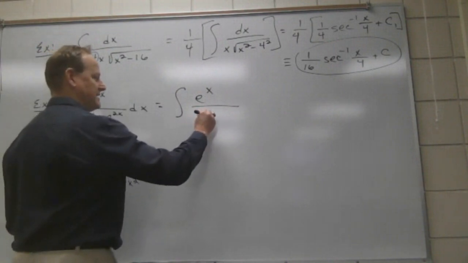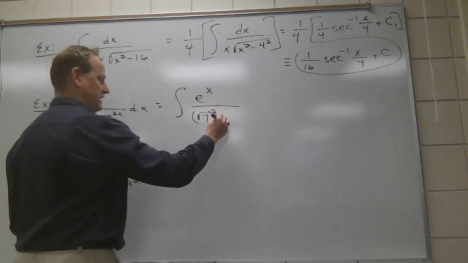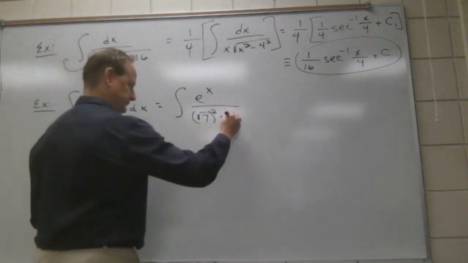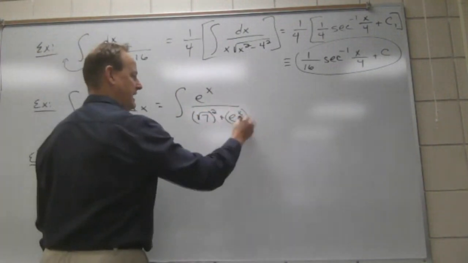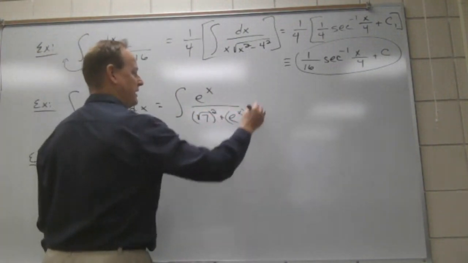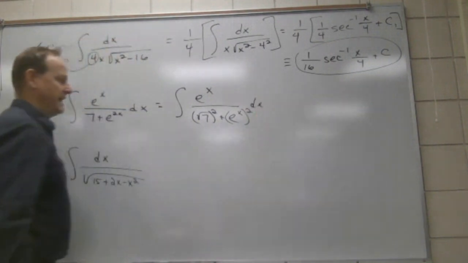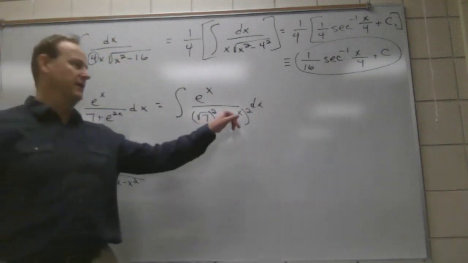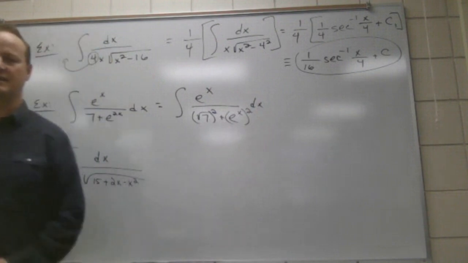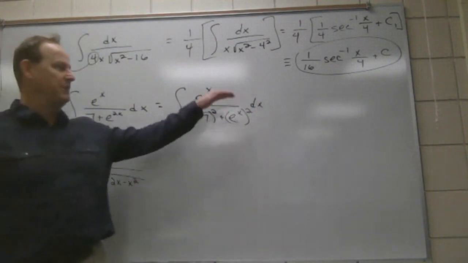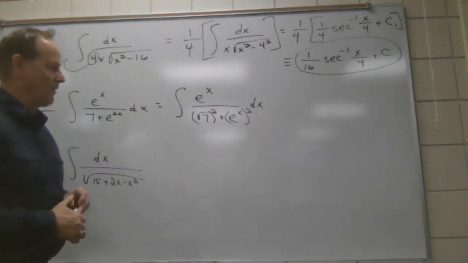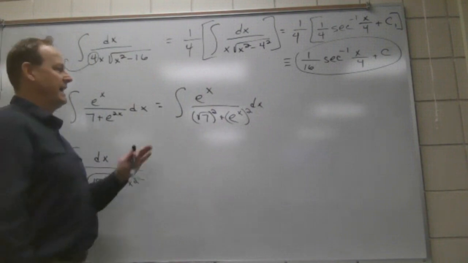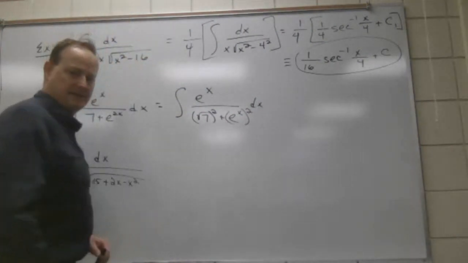So I could rewrite that as the square root of 7 quantity squared plus e to the 2x, which is really nothing more than e to the x quantity squared, with respect to x. So e to the x quantity squared is e to the 2x. We're trying to rewrite it in a way that might look closer to what the antiderivative for arctangent ends up being.